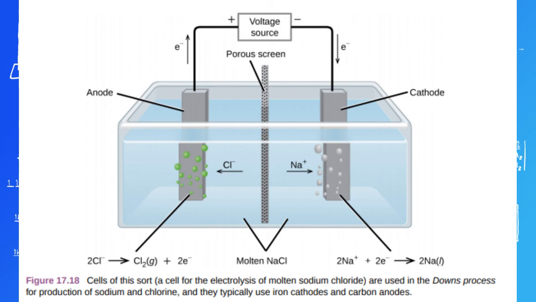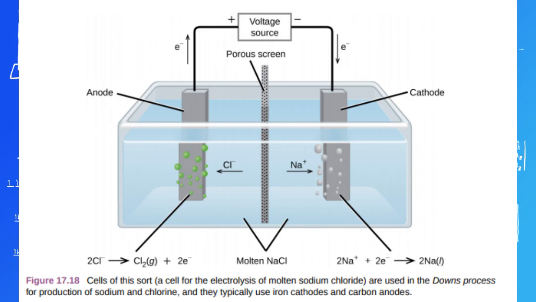Of course, it would typically have to be an ionic compound. But you can also do electrolysis on water. You can run electricity through water and separate it into hydrogen and oxygen gases.